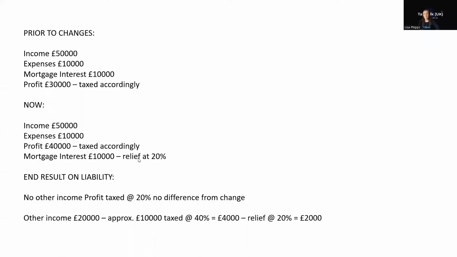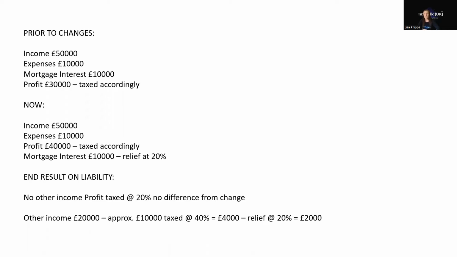So if we now add in some other income, then that will illustrate how the changes actually impact on our liability. If you've got no other income, you've got your profit of £40,000. Assuming you're a standard rate taxpayer, your profit will be taxed at 20%, so therefore you'll get the relief at 20%.